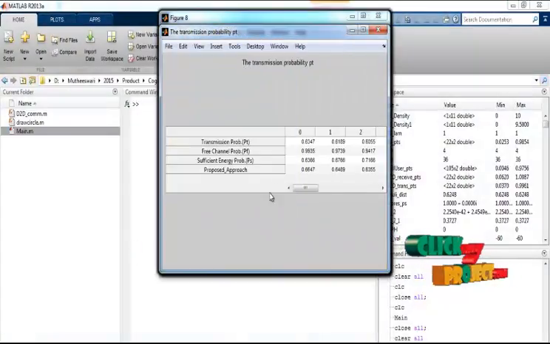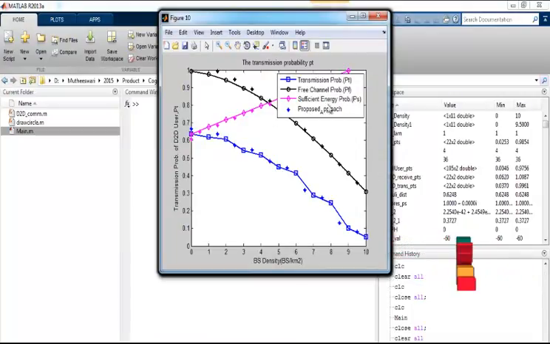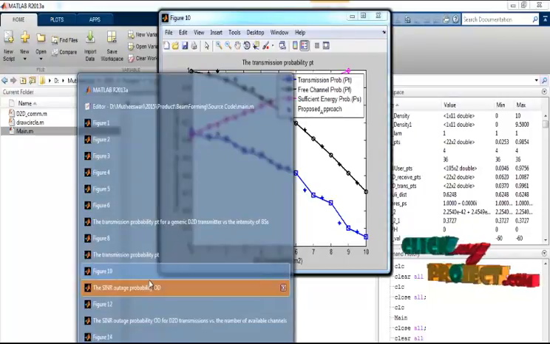And this is the plot for transmission probability, free channel probability, sufficient energy probability, and the proposed approach, obtaining the values.